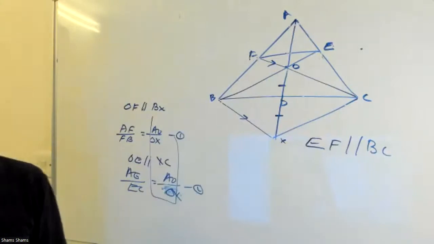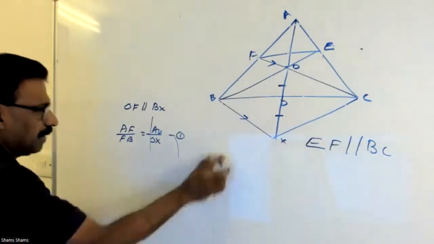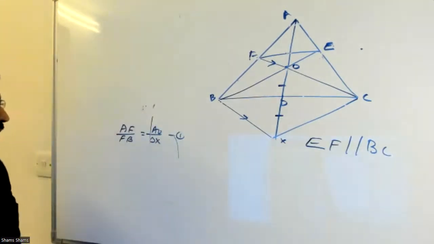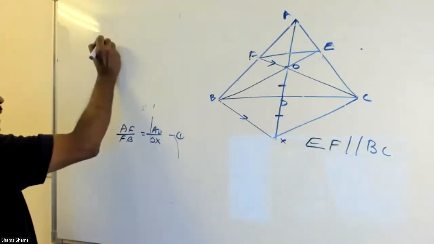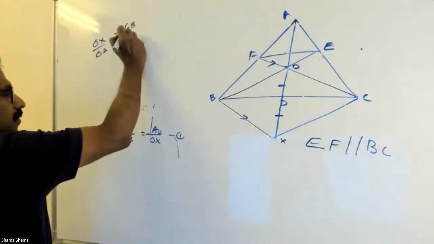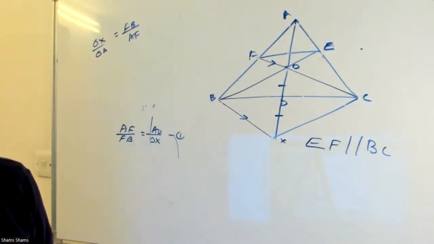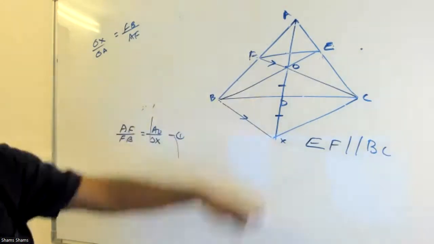Now, the second part we are using from the first part. We have OX by OA equal to FB divided by AF. What will you find out? AO to AX, the full line we need.